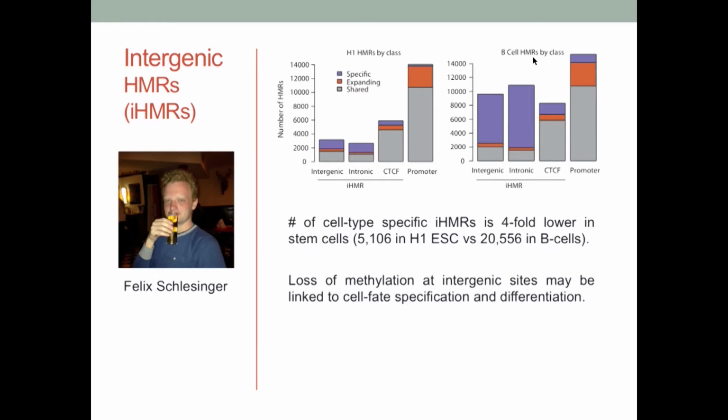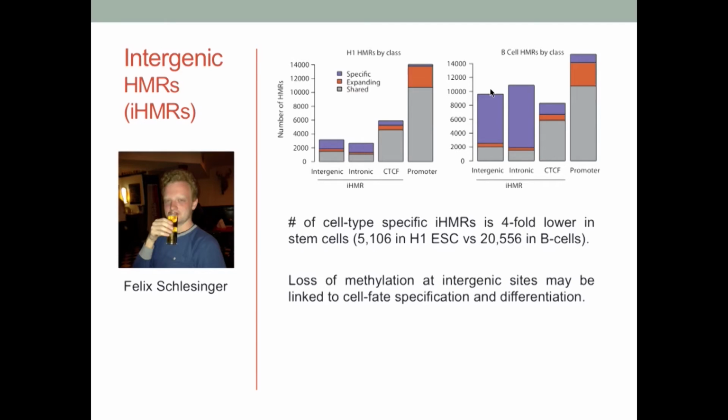But the most striking thing that you will see here is that compared to the embryonic stem cells, the differentiated cells have the most cell type specific HMRs and many more HMRs found in intergenic space compared to H1 cells.